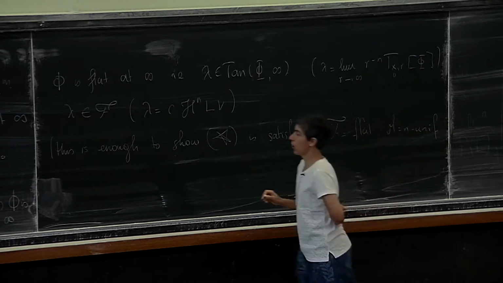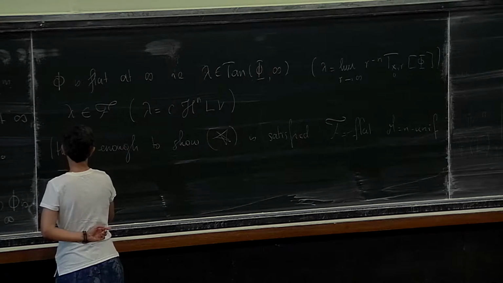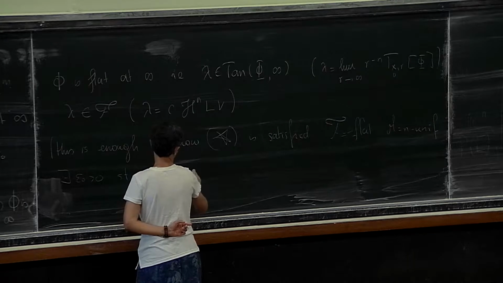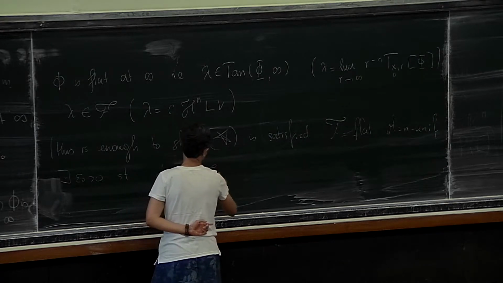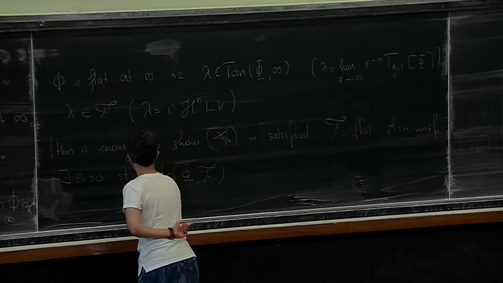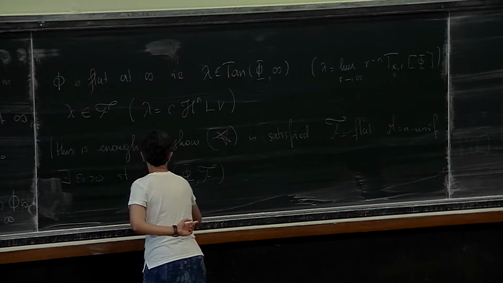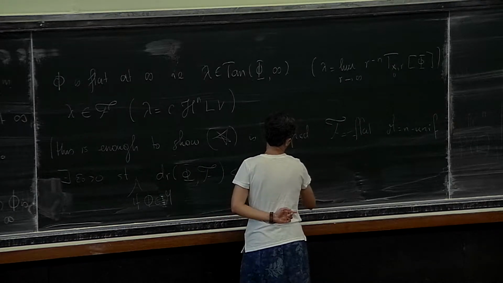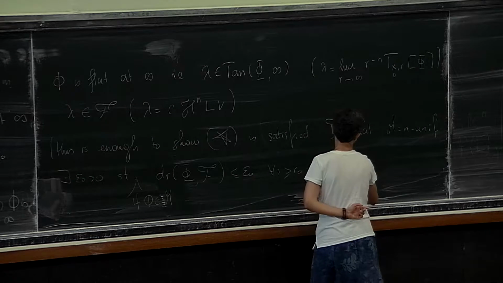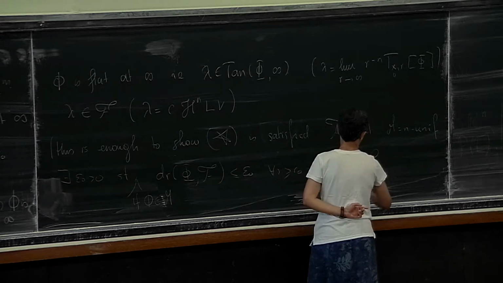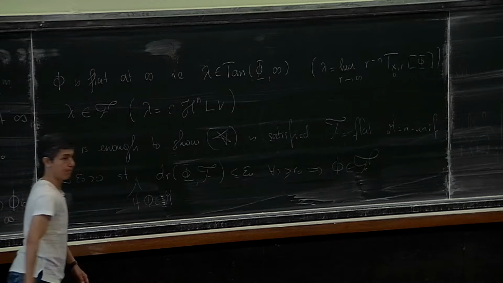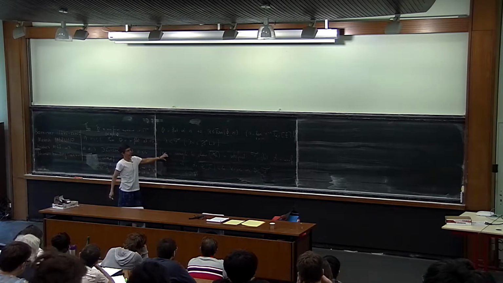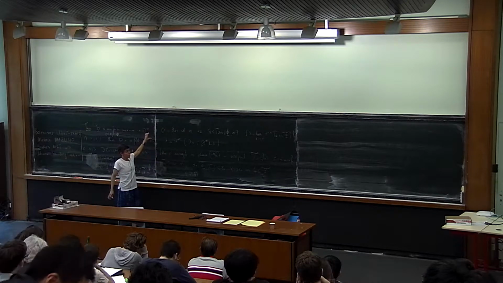And what we had to show is that there exists an epsilon 0 positive such that if phi belongs to M and the distance is less than epsilon 0 for every r bigger than r0, then phi is flat. Okay? We're trying to prove this. This is not yet what we really will need to do.